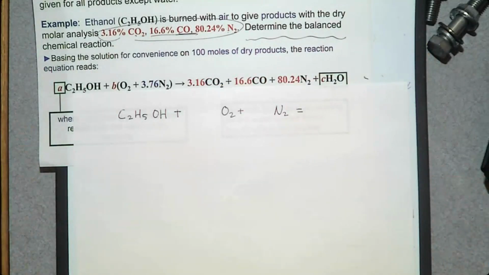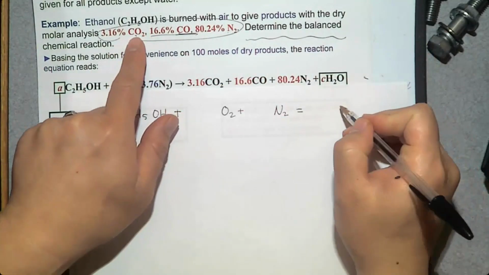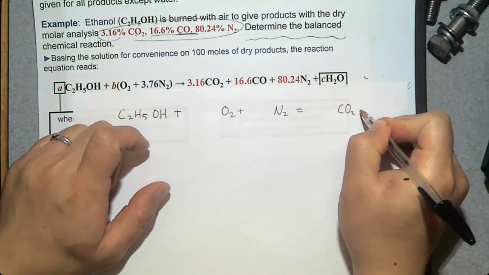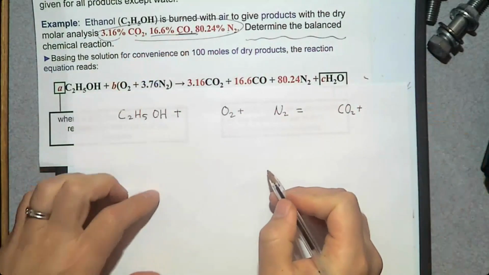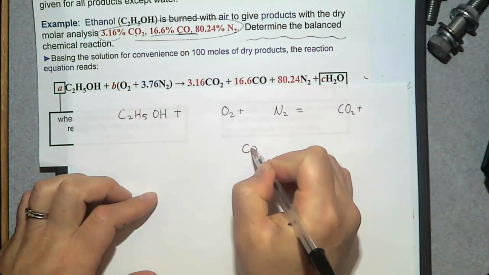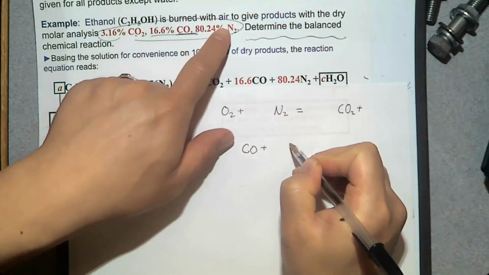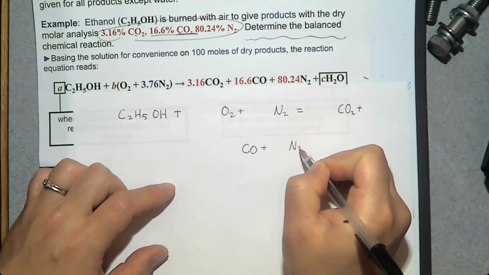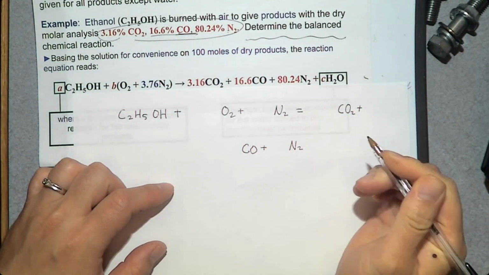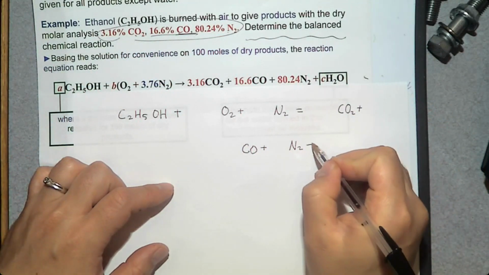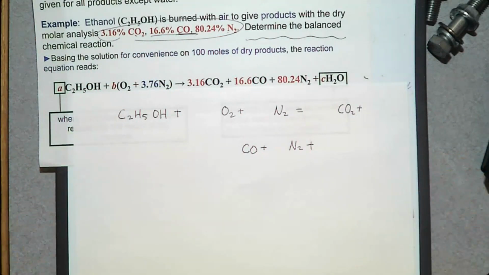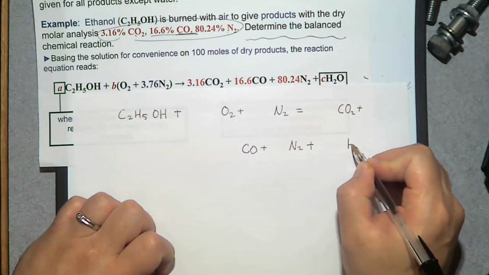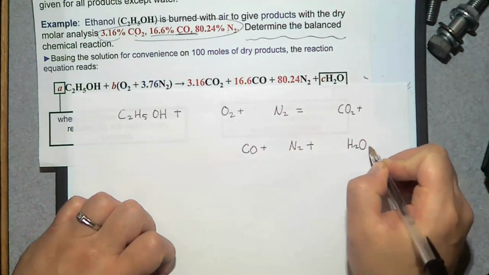So we have carbon dioxide, carbon monoxide, and nitrogen. This dry product analysis cannot measure the amount of water, so that's what we need to determine from here. So there's a water.